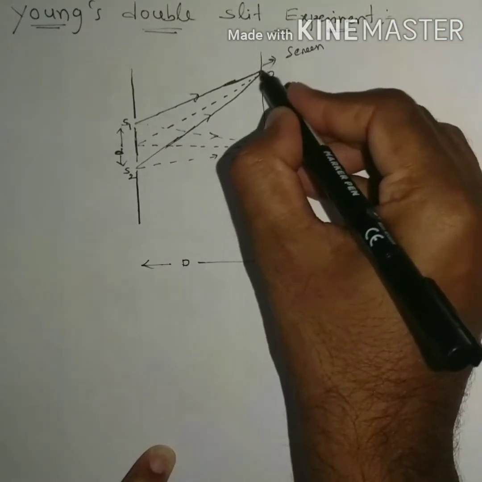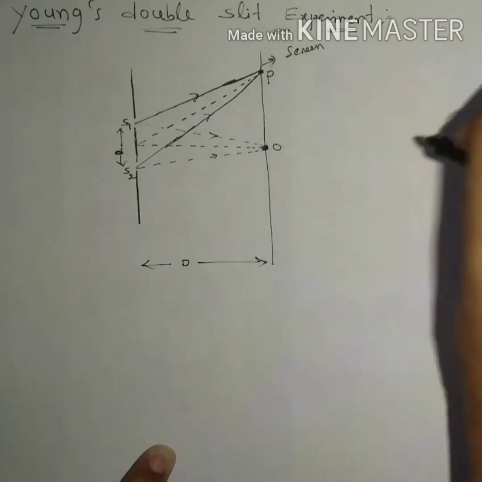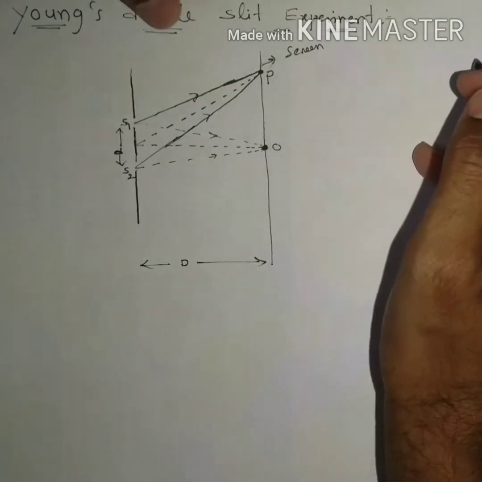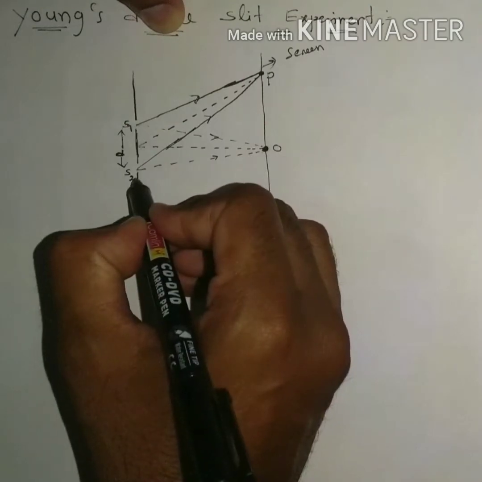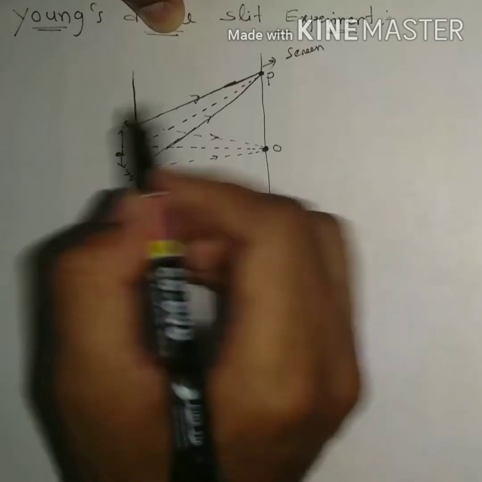Now at a particular point P, we will get constructive or destructive interference, and we are going to discuss those conditions. This is source S1 and source S2, and the distance between these two sources is small d, the double slit.